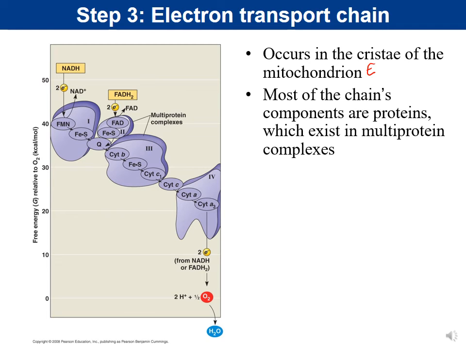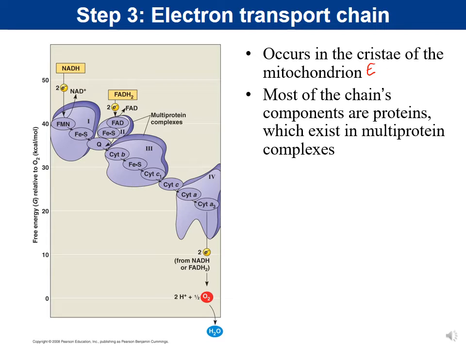And so what happens in this process is that embedded in that membrane are these large multi-protein complexes. And they're just numbered. So this is complex 1 on the far left, and then complex 2, complex 3, and complex 4.